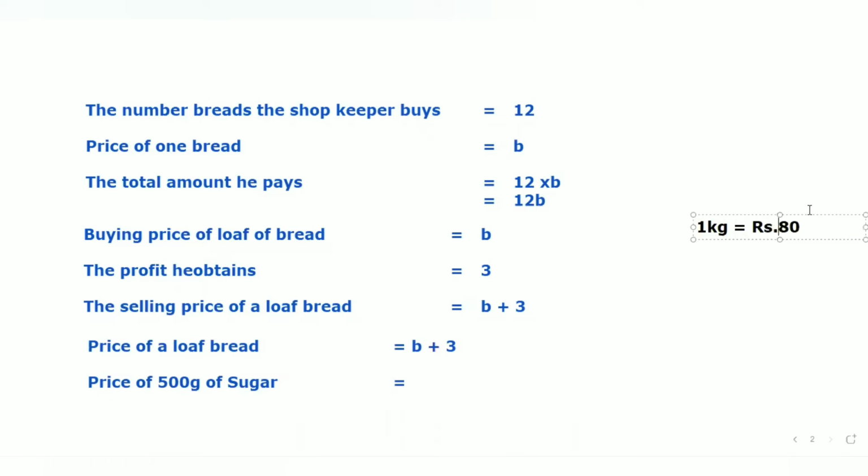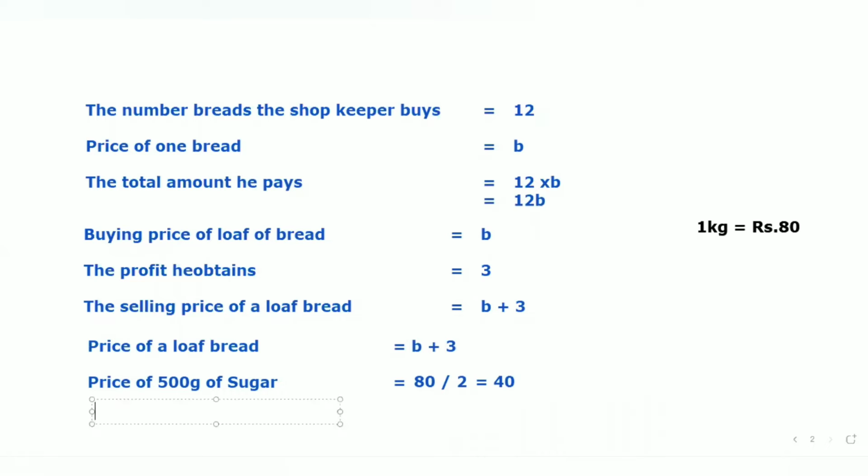Then 500 grams is half of this. So for 500 grams of sugar, we have to divide 80 by 2. So it will be 80 divided by 2, which is equal to 40 rupees. Right? So the price of 500 grams of sugar is 40 rupees.